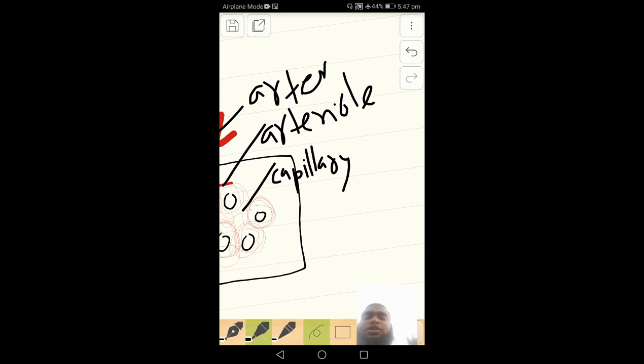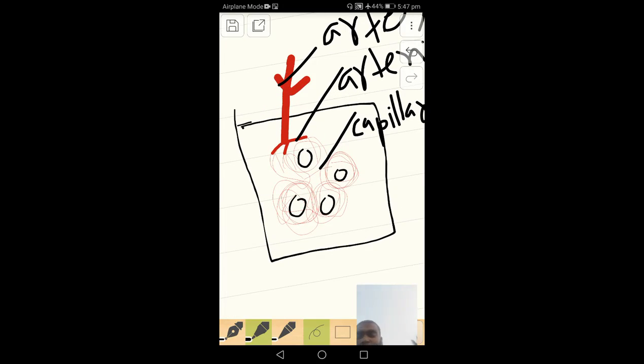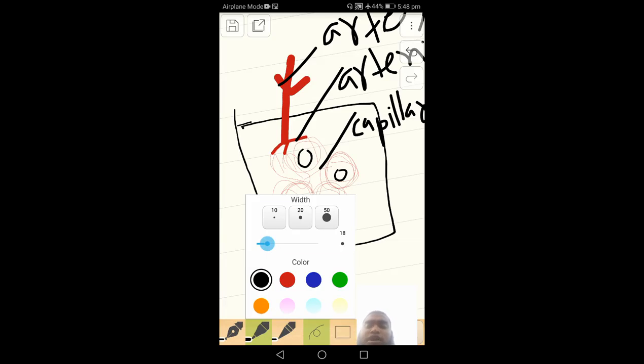This is the artery, so this is arterial, and then we get the capillary. The artery contains the oxygenated blood.